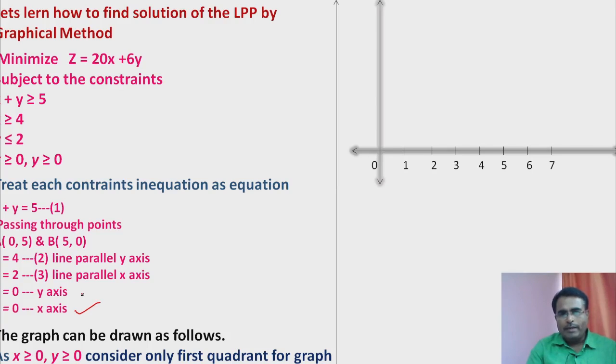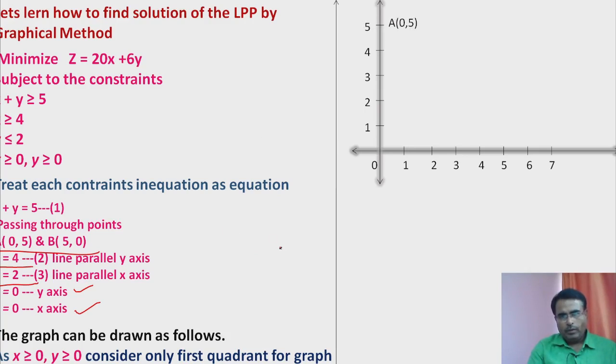The second line we need is the y axis, x = 0, drawn here, with a positive scale from 0 to 5. We observe that the maximum value of x and y is 5, so I have taken a scale from 0 to 7 or 0 to 5 on the x and y axes respectively.